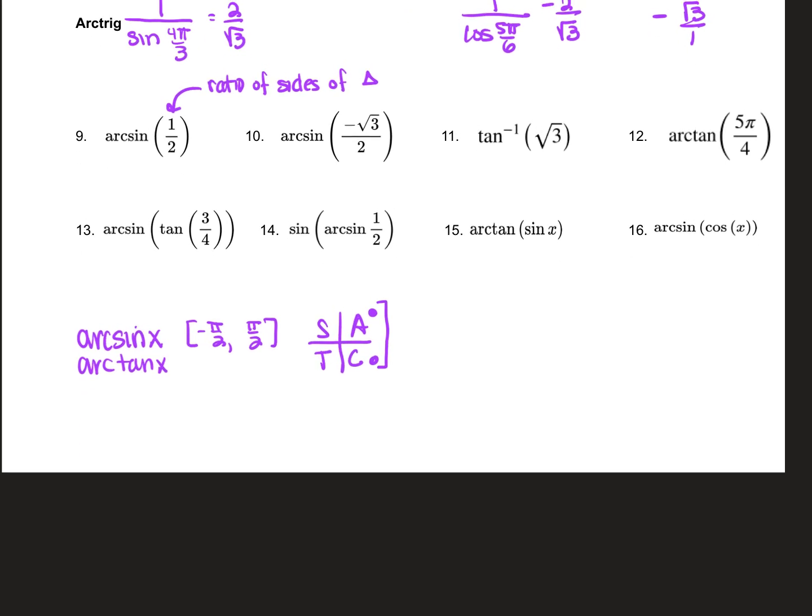That would not work if I chose to do first and second quadrant because this is positive here and positive here. I could have chosen that for tangent, but they did not. The default is the first and the fourth quadrant for sine and tangent. For arc cosine, its default is 0 to pi, and its reason is because it's positive here and negative here, so I get the full range.